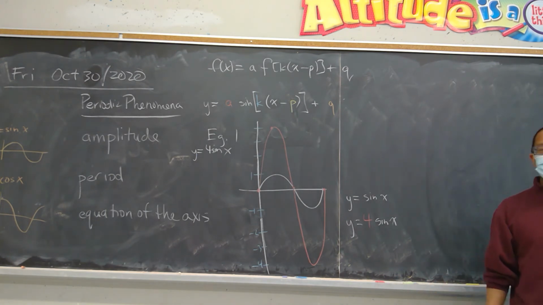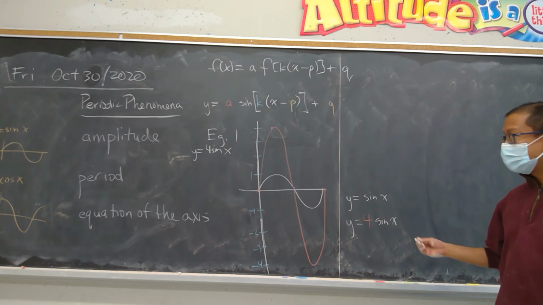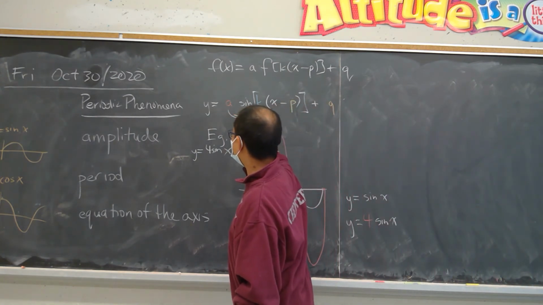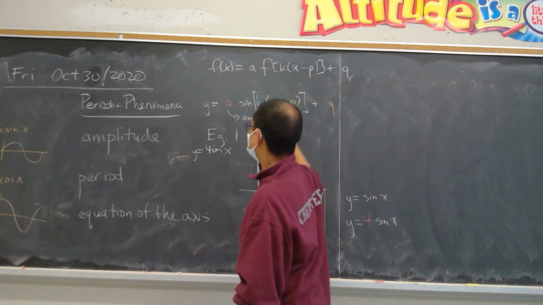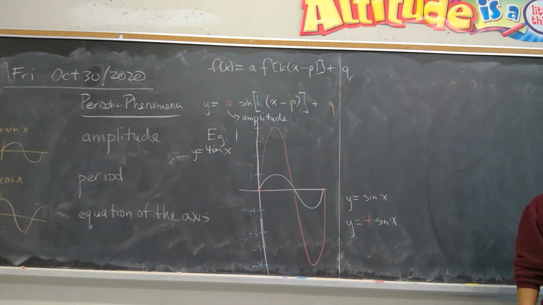Can I get a volunteer to tell me what's the amplitude of the new graph from the class? What's the amplitude? 4. And that's really what a lot of you are connecting now. The A is actually directly related to the amplitude.